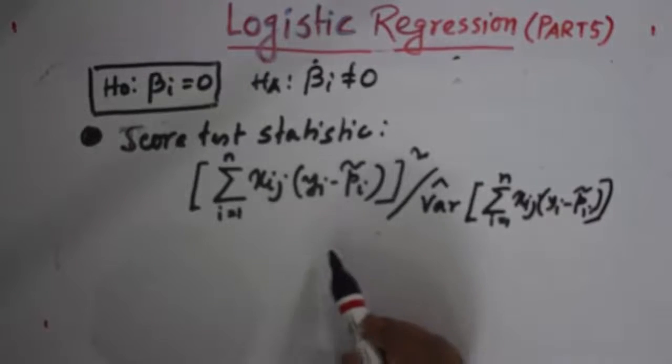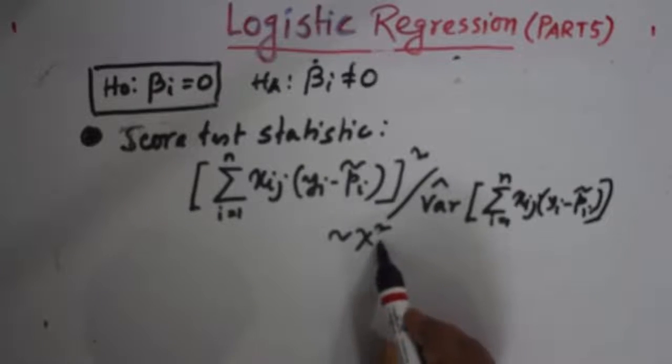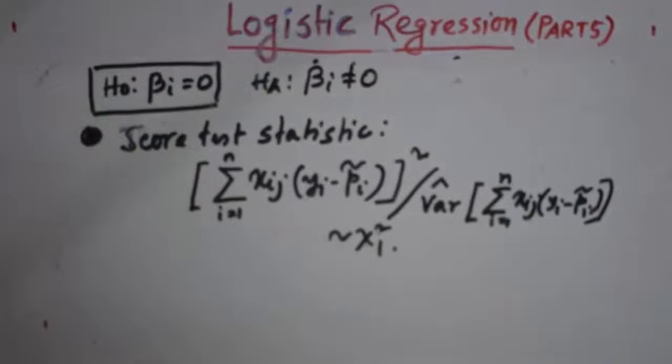This follows chi square with 1 degree of freedom. Again, we compute the p-value or critical value, and on the basis of the p-value or critical value, we can make a conclusion.